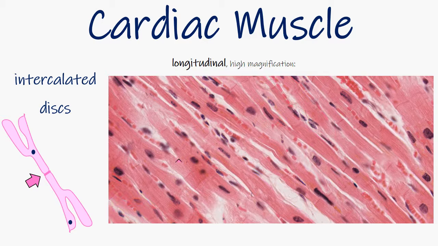They can also nicely be seen on this microscopic image here on the right, with the dark pink arrows each pointing at an intercalated disc. Intercalated discs are only found in cardiac muscle cells, and they are involved in ensuring that the heart is beating as a synchronous unit. Again, if you are interested in learning more about the cell biology of intercalated discs, a quick Google search will satisfy your curiosity.